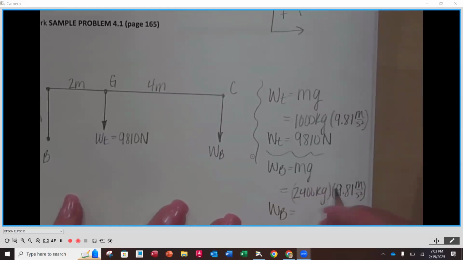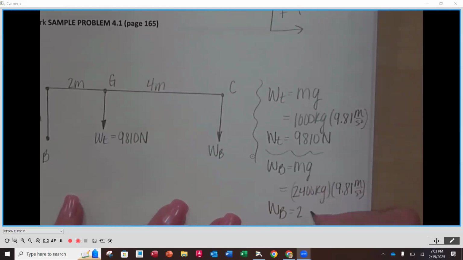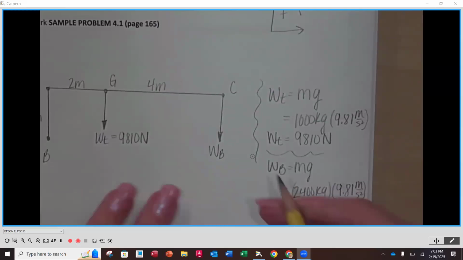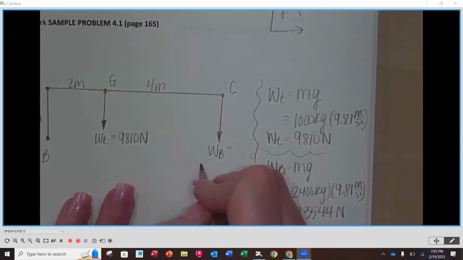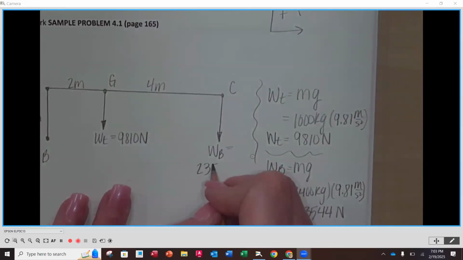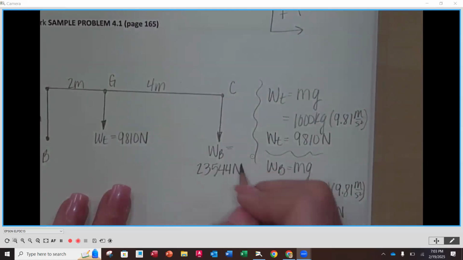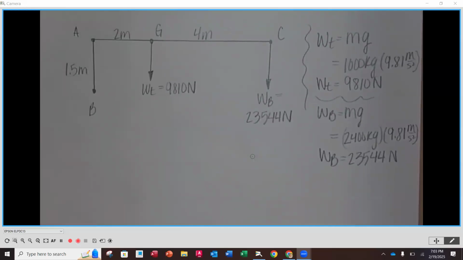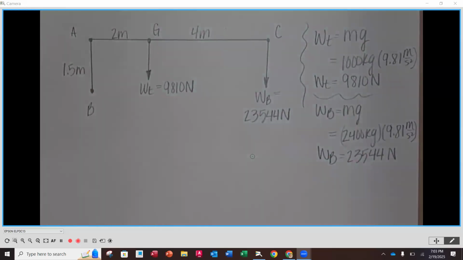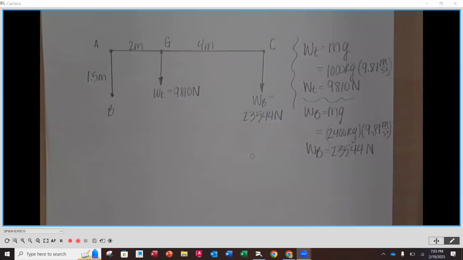It's going to be 23,544 newtons. Okay, so those are the values that we're going to go with. If you wanted to do kilonewtons and divide each of those by 1,000, that's fine, but I'm going to do it in newtons. It's no big deal.